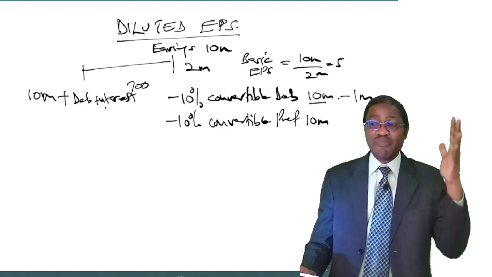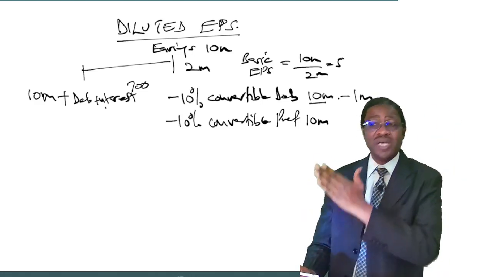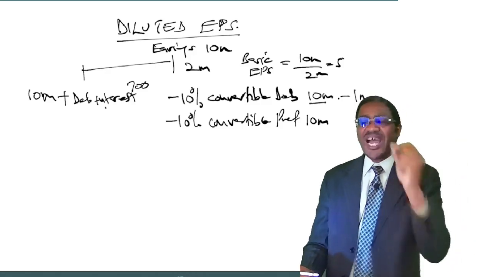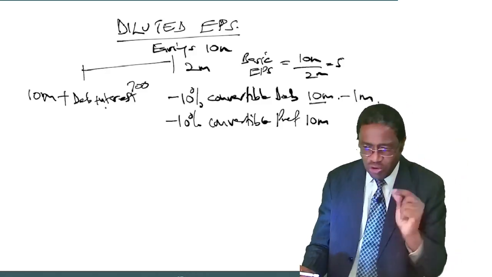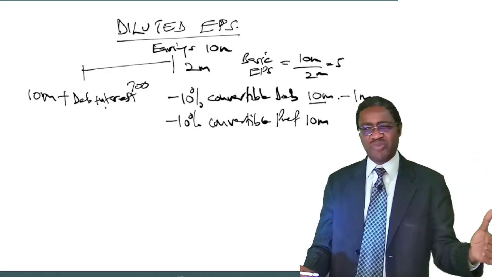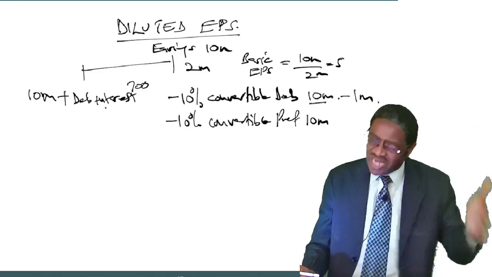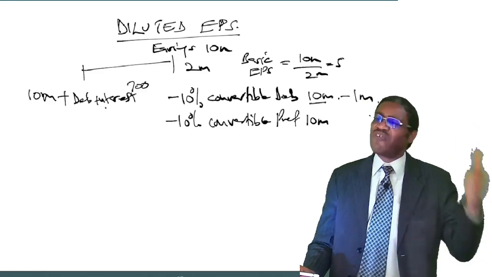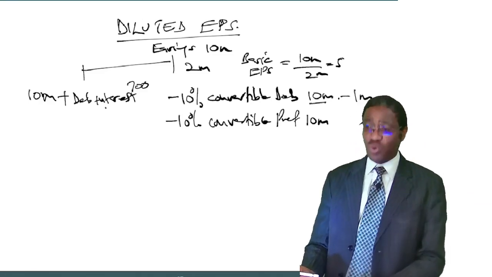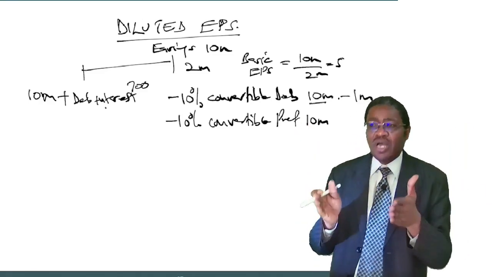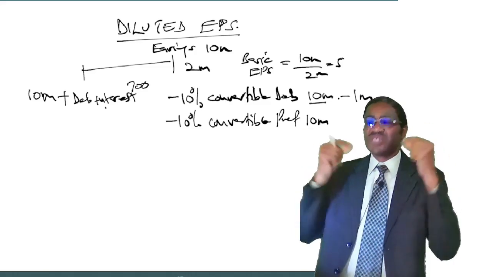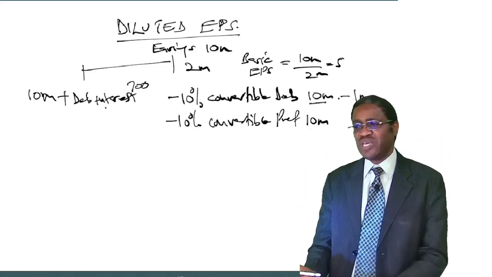Remember, they have been earning preference dividend for this year. If they had converted into ordinary, then what I paid them as preference dividend this year, I would have saved that amount.